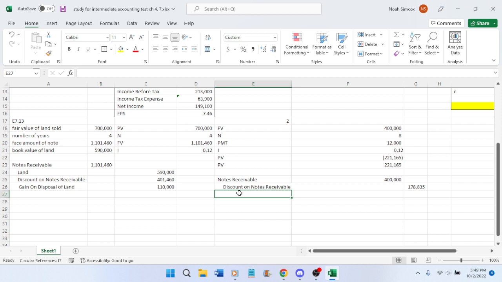Now what's missing from this entry? Service revenue is it.